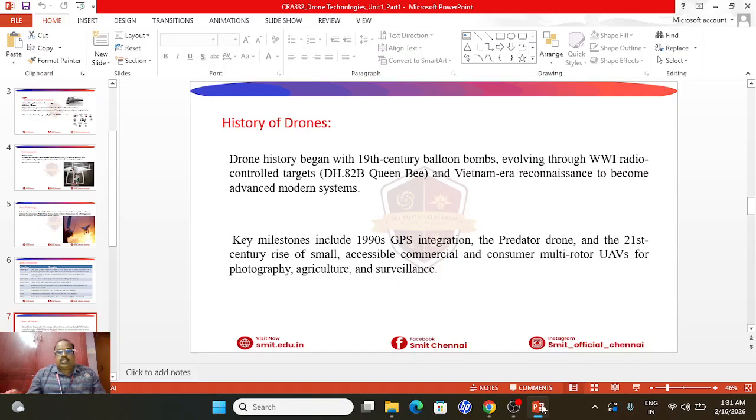Key milestones include 1990s GPS integration, the Predator drone, and the 21st century rise of small, accessible, commercial, and consumer multi-rotor UAVs for photography, agriculture, and surveillance.